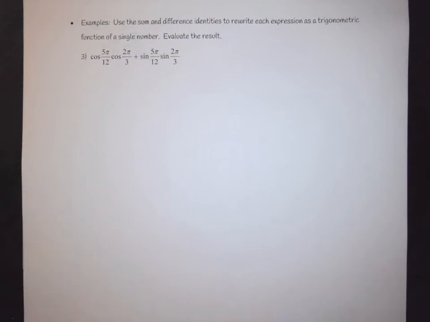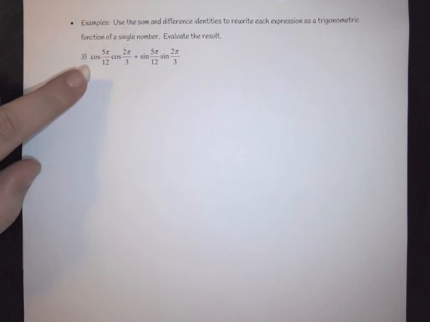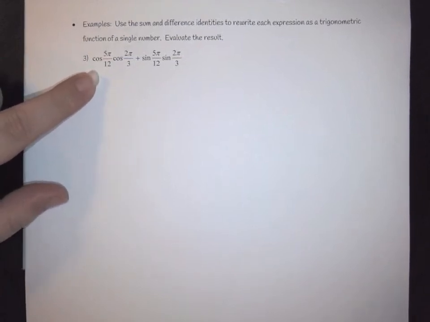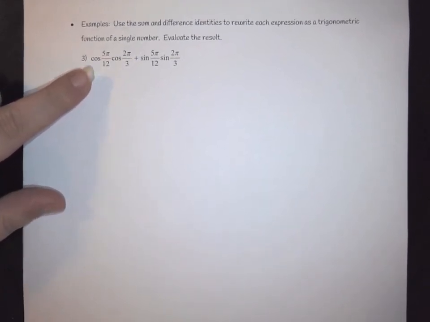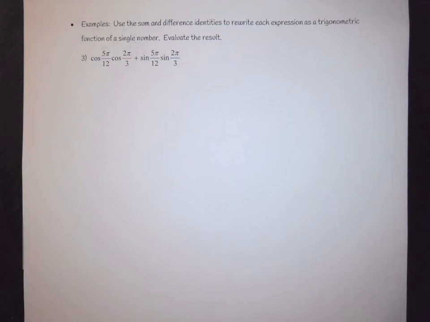So the first thing we need to do is look at the expanded result we have and identify the identity we're working with. So here I've got the cosine of 5 pi over 12, the cosine of 2 pi over 3, plus the sine of 5 pi over 12, the sine of 2 pi over 3.